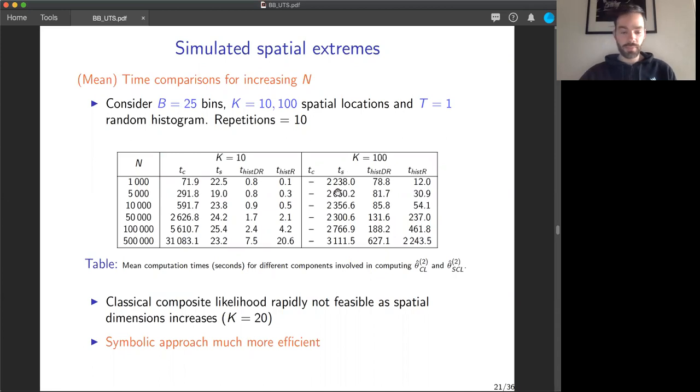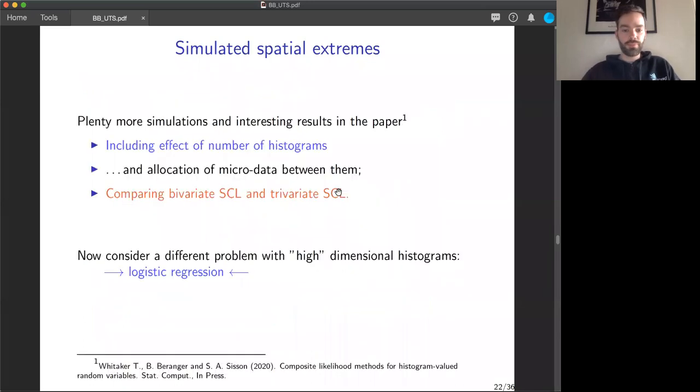Usually in the literature, people stop around 20 locations because it gets computationally too intensive with the usual composite likelihood for max-stable models. So here we can show that the symbolic approach is very efficient in terms of computation time.